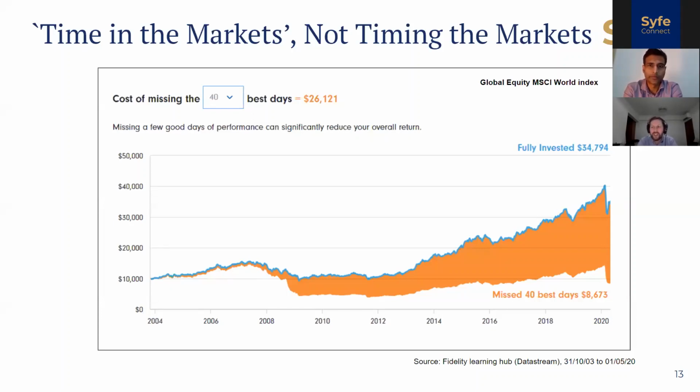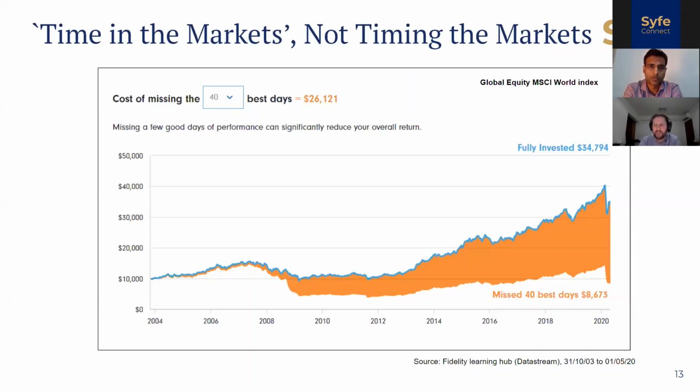So what this chart shows is how a notional investment of $10,000 would have been affected if the best 40 days were missed in that period. We're looking at quite a long period here, 16, 17 years. So it's a little bit like a fear of missing out chart, or a FOMO chart.